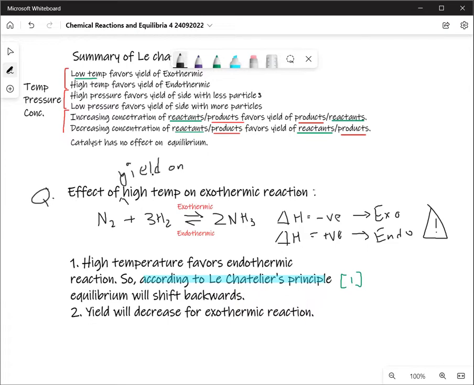After effect of, add yield: effect on yield.